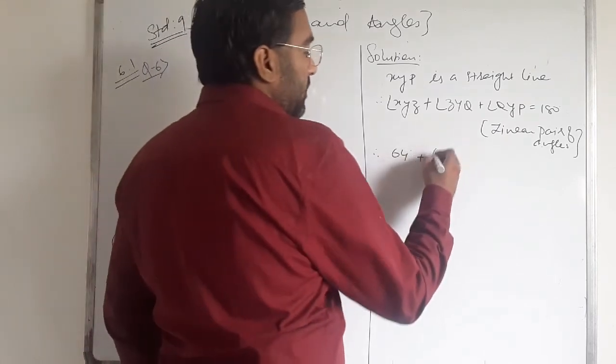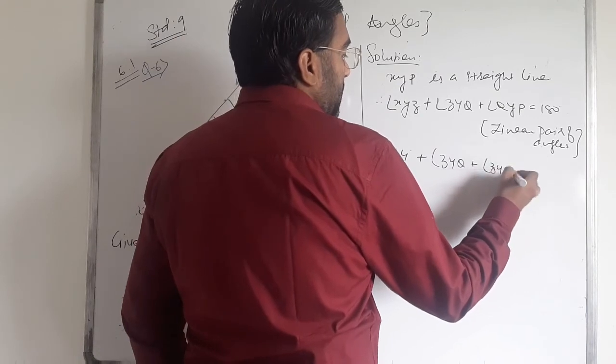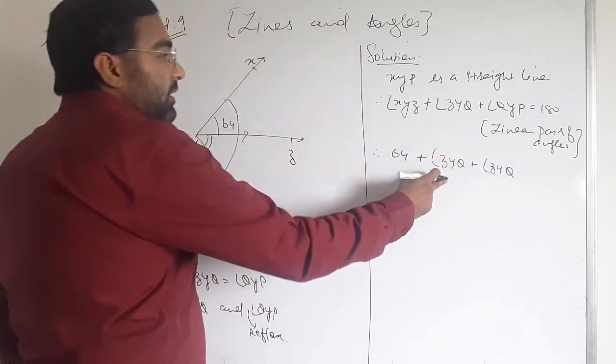So I'll write ZYQ plus ZYQ. ZYQ is written as it is.